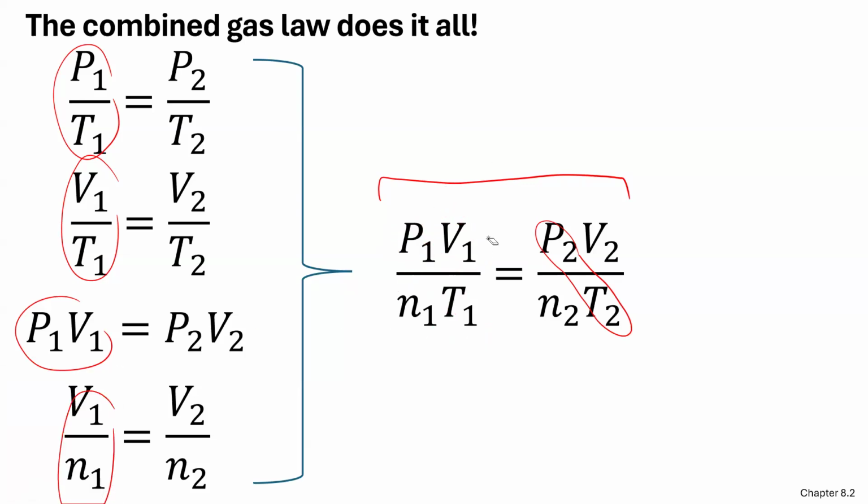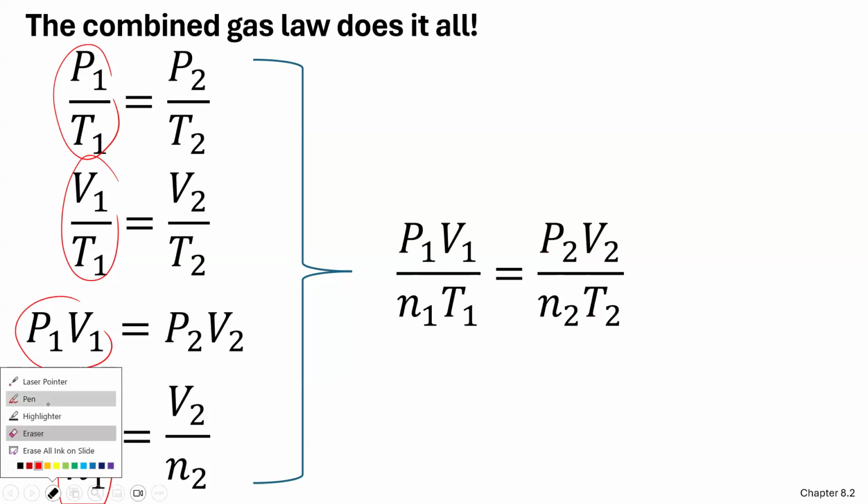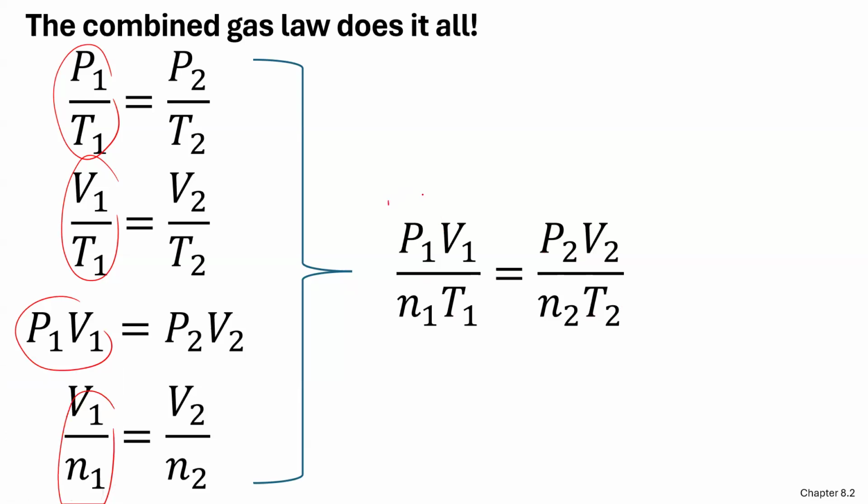So basically what this is saying is that you have a certain value here, and when you change conditions, you'll have that same value here. It's easier to explain. And remember, one is initial condition, two is final condition. P is pressure, V is volume, N is moles, T is temperature. Always bring this to Kelvin, right?